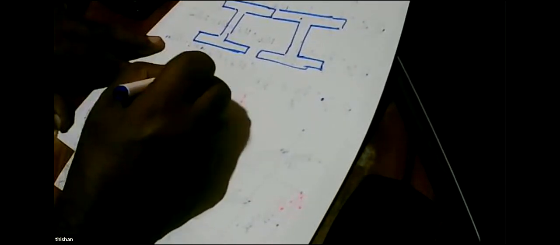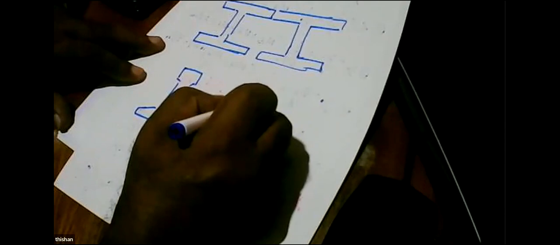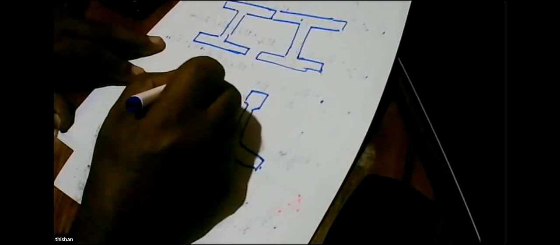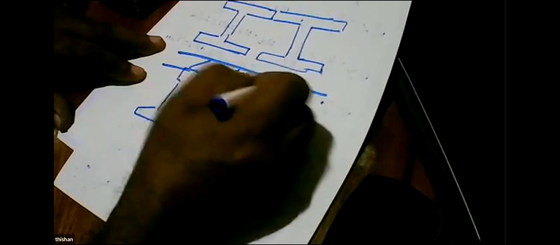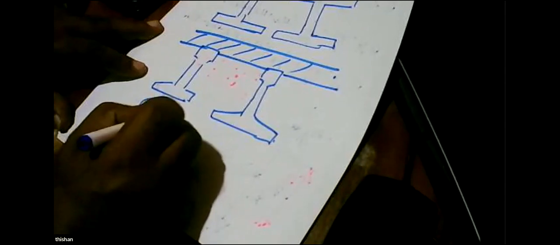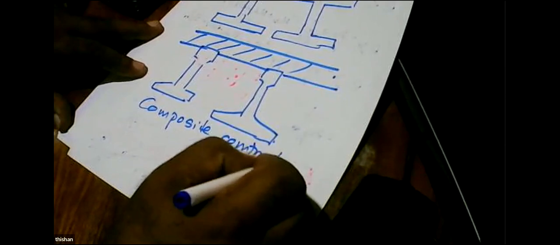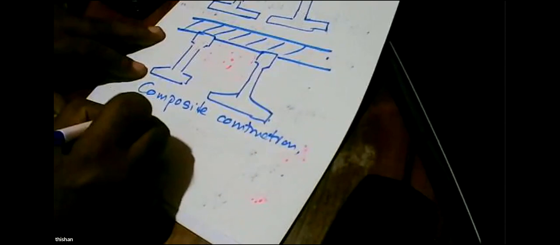But now there's another type of construction, where we cast beams like this and place them at a spacing, and then we add the top flange, and this is called composite construction. So I will discuss this next week.